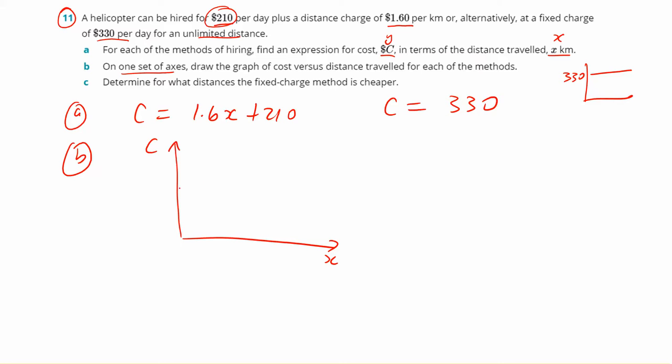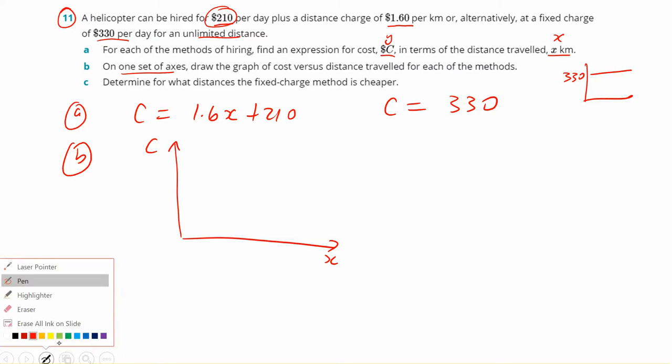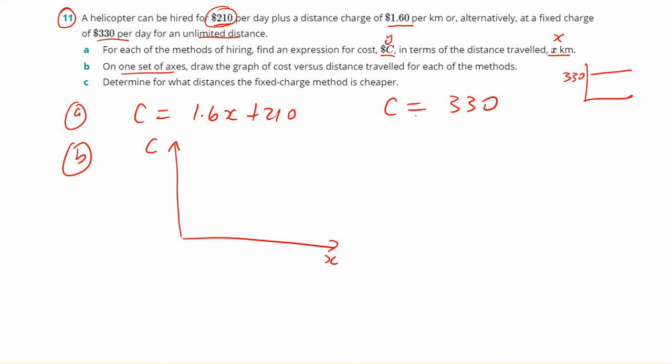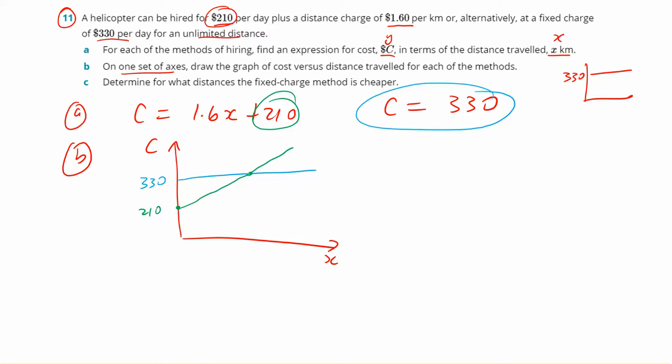Now, I already know that this graph here is going to be a flat line at 330. My second graph is going to have a y-intercept of 210, somewhere roughly around here. And we know it's increasing, so we're going to have an intersection point. We've got to find that point of intersection, then we would have drawn our graph.